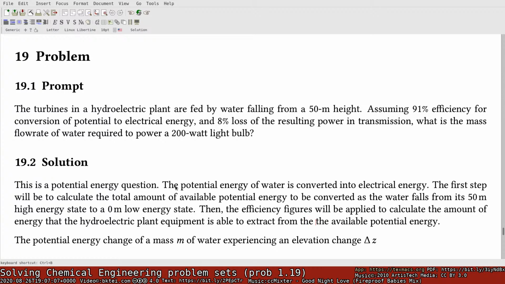Extract from the, no, that's fine. The available potential energy.